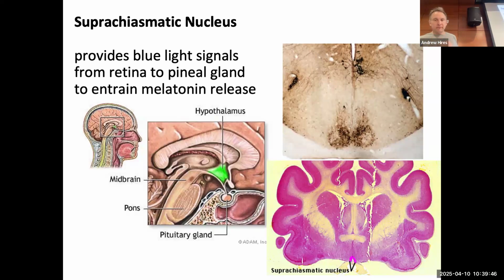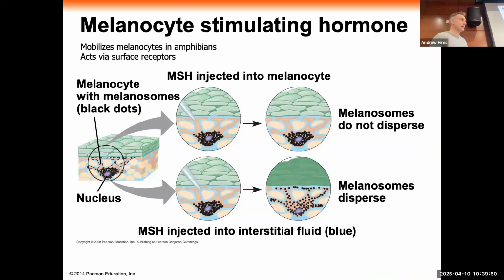Okay, and then finally, we've got melanocyte stimulating hormone. Melanocytes are cells that are throughout our skin, and they create granules of pigments that basically absorb light.